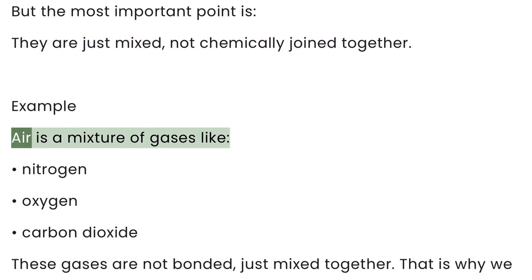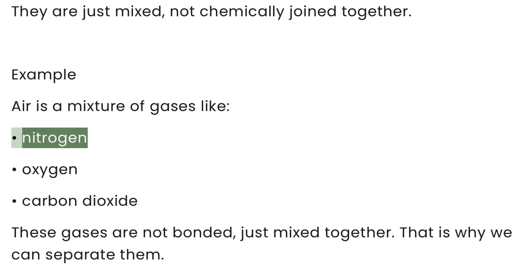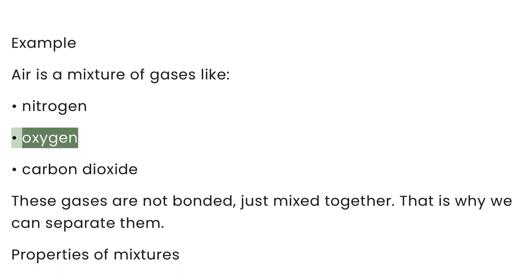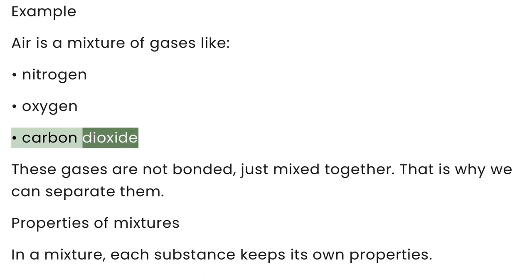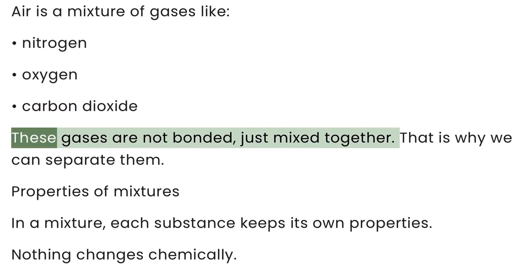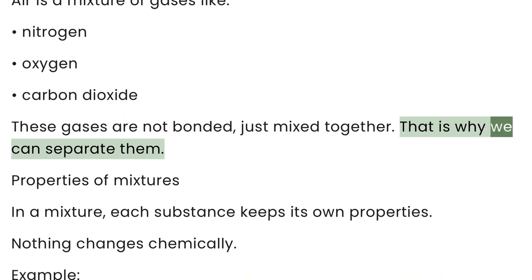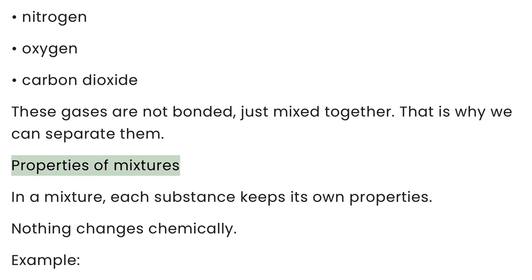Example: air is a mixture of gases like nitrogen, oxygen, carbon dioxide. These gases are not bonded, just mixed together. That is why we can separate them.